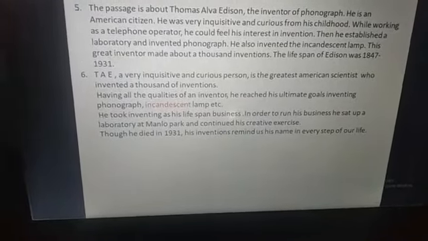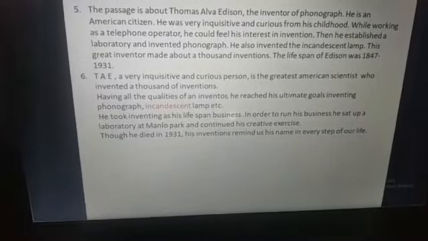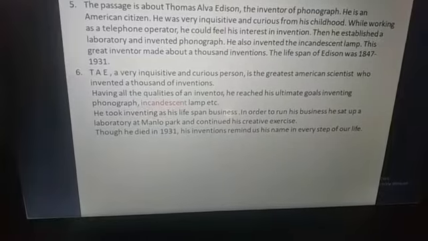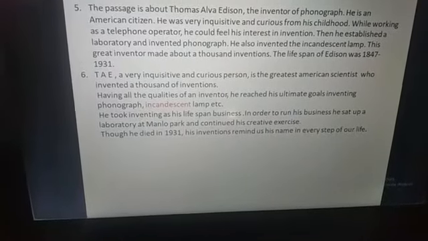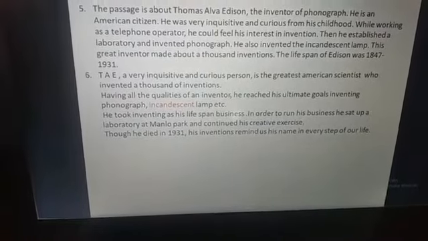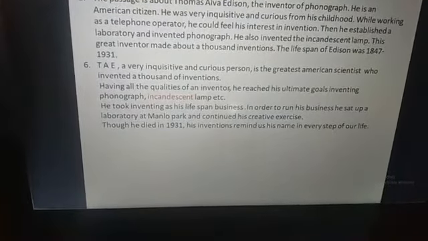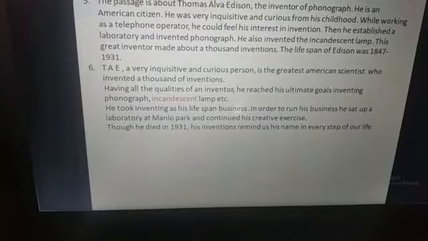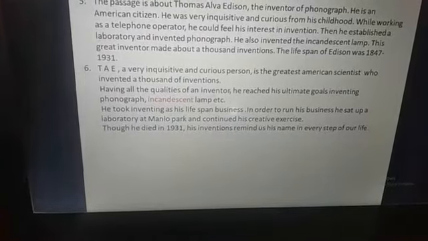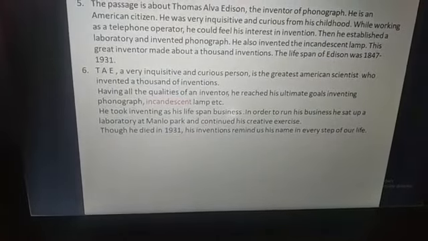Here I wrote 3 sentences for you. It is called supporting idea. You write according to your creativity. And last one: though he died in 1931, his inventions remind us of his name in every step of our life.